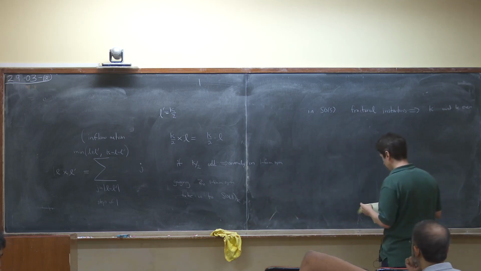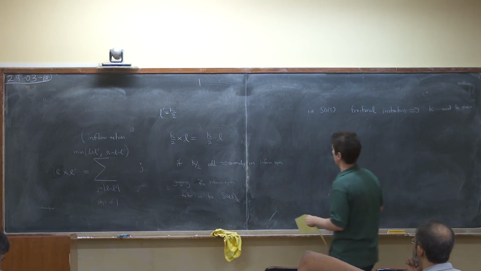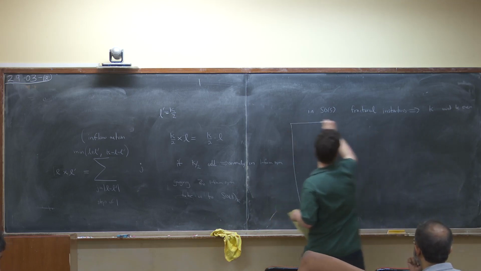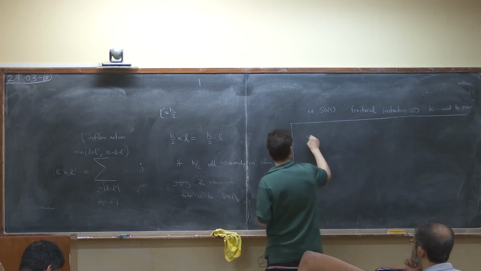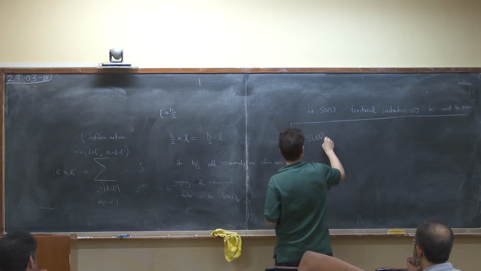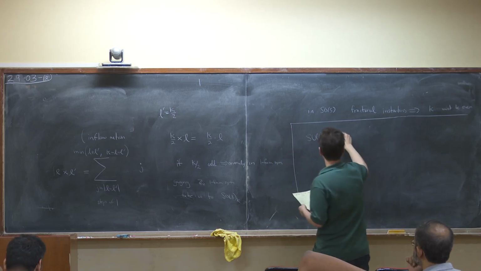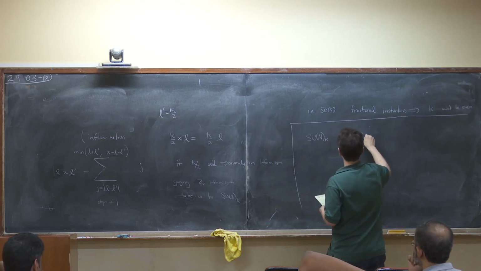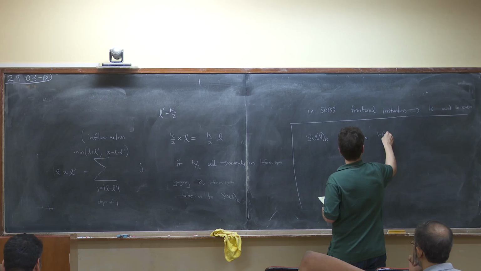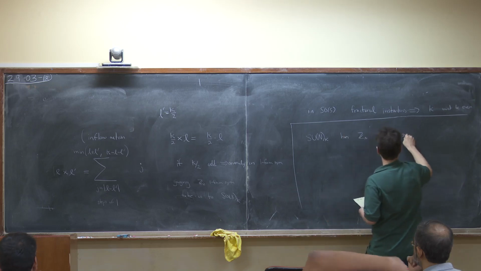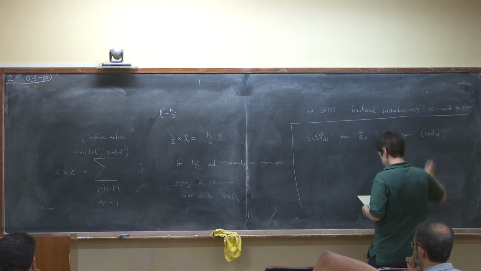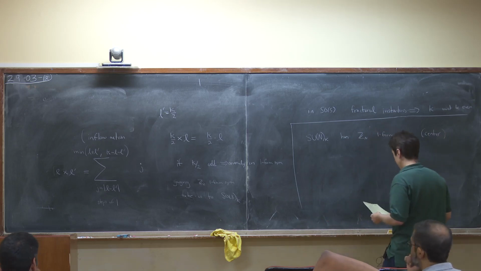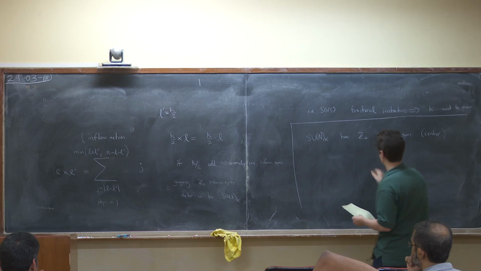Okay, good. So let's now do some brief comments about the SU(N) generalization. SU(N) level k again has a Z_N one-form symmetry, again associated to the center. And it's easy to say what the representations are.